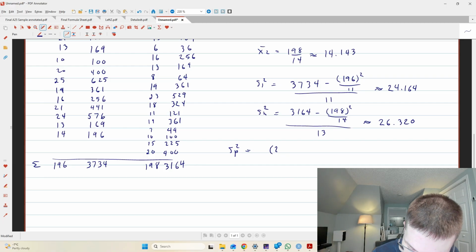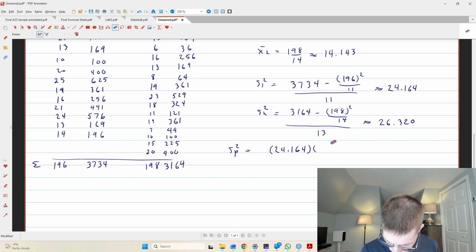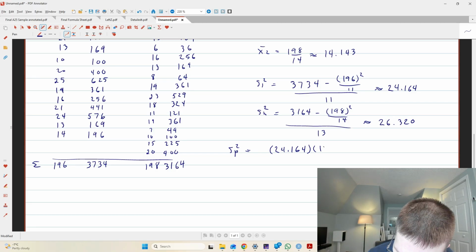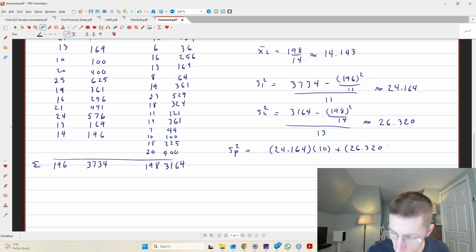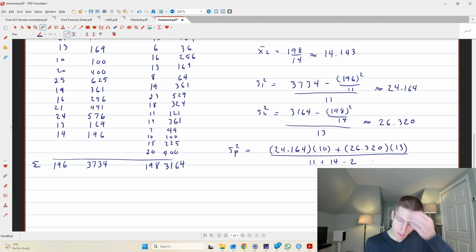It's going to be 24.164 times n1 minus 1, I'll just write what that is, that's going to be 10, plus 26.320 times 13, all over n1 plus n2 minus 2, which is going to be my 23 in the denominator.